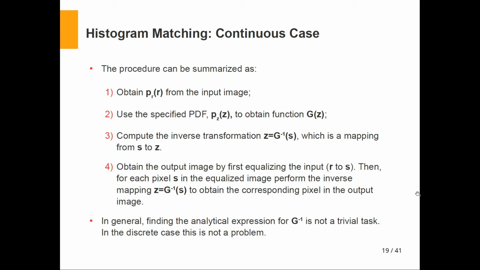So as you can see, the procedure is much more complicated than the previous one, but as I said, if you consider the histogram equalization as an intermediate step, you see that by performing the histogram equalization on both the input histogram and the output histogram, now we get to a common ground, and then we can use inverse transformation of G to basically go fully from the input image to the output image.